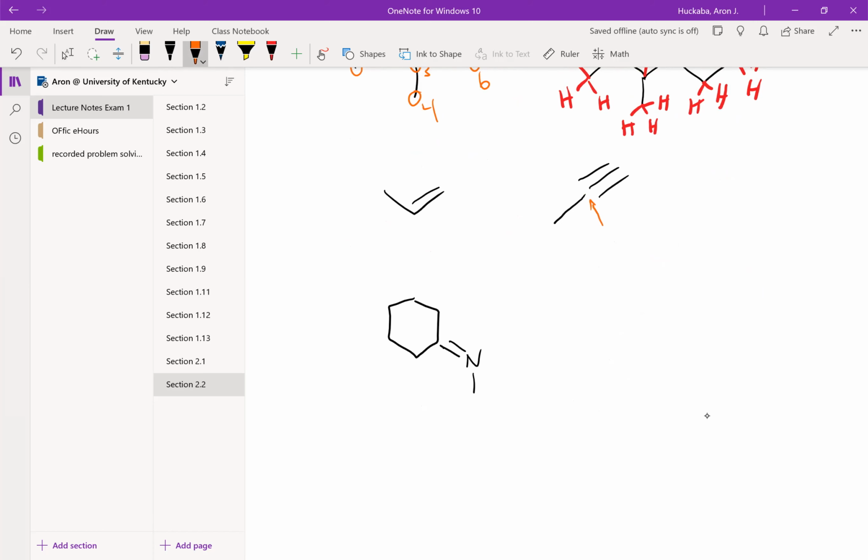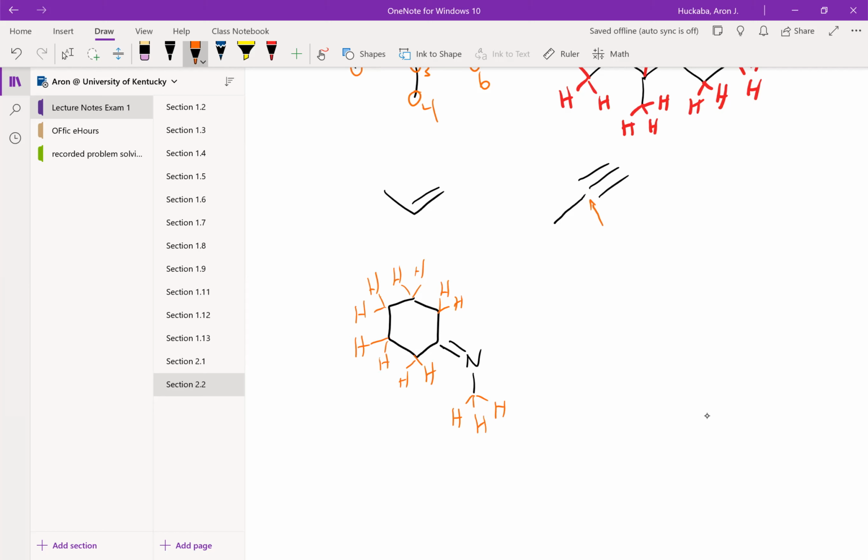And something else you should notice, in addition to how we now have clearly communicated what the structure is, is that there are hydrogens here intrinsically, remember? Okay. Something else to remember is that lone pairs are not shown in a bond line drawing.